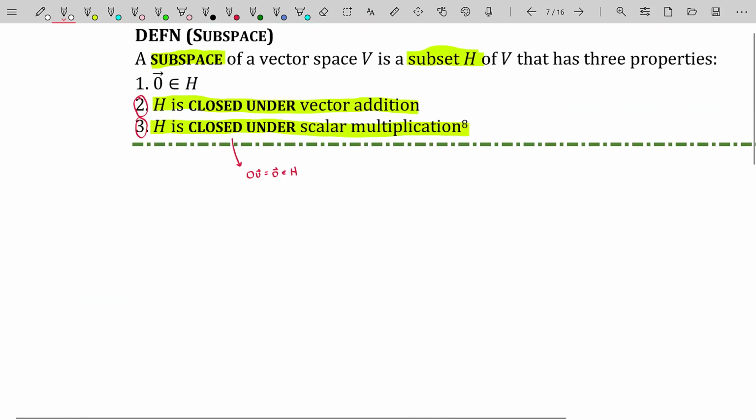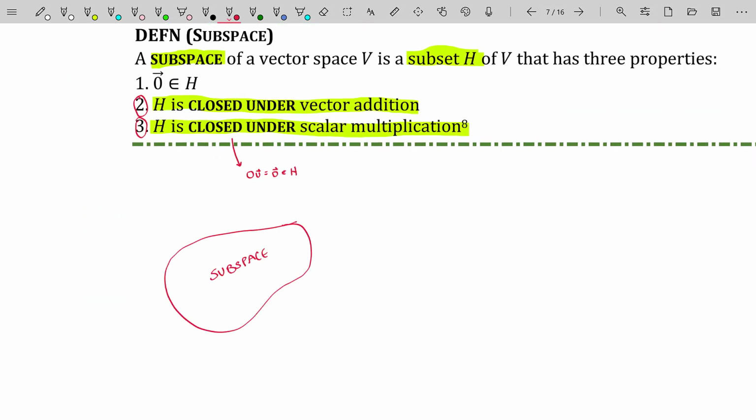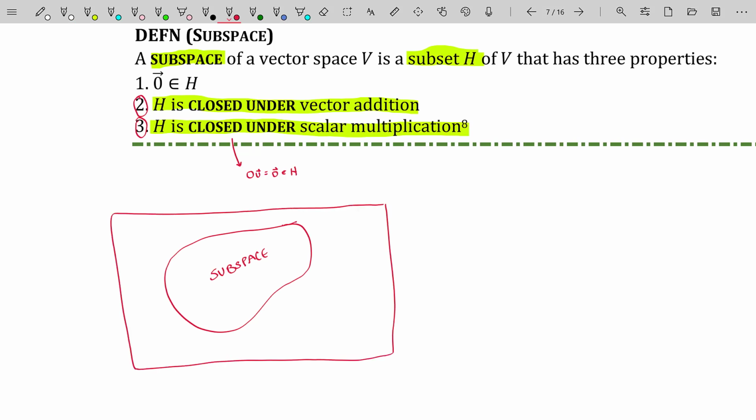So whenever somebody mentions the word subspace, it's in reference to a larger vector space it's contained within. That's just a requirement. So subspaces do not exist in a void. They have to be in reference to a greater vector space that contains them.